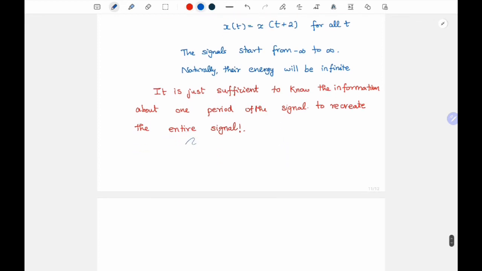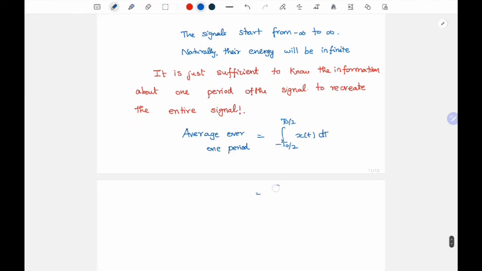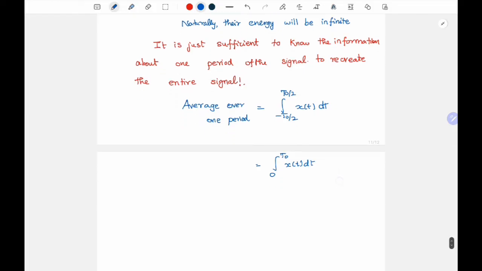So as an example, if we want to find the average over one period, right? Average over one period. So I can start from -t0/2 to t0/2 x of t dt, or I can start from 0 to t0 x of t dt.